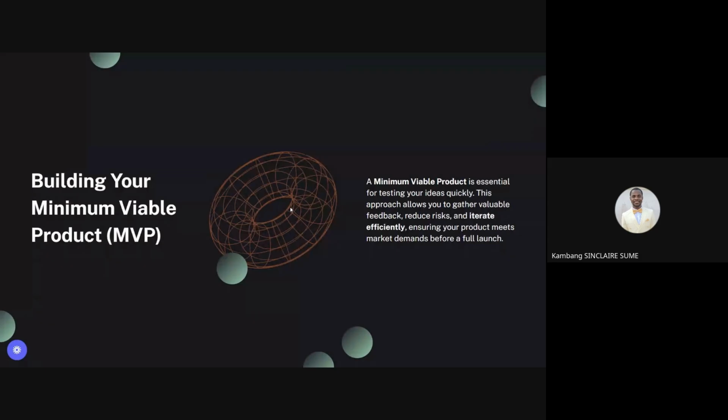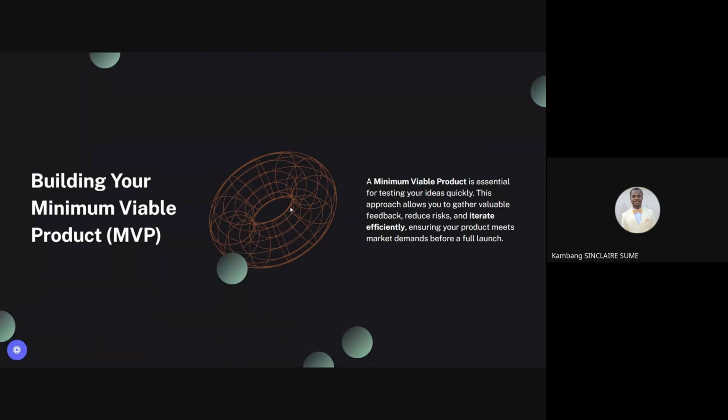But a few key things about a minimum viable product is that its main intention is to capture the core business idea or the core requirement, the core features of your solution.